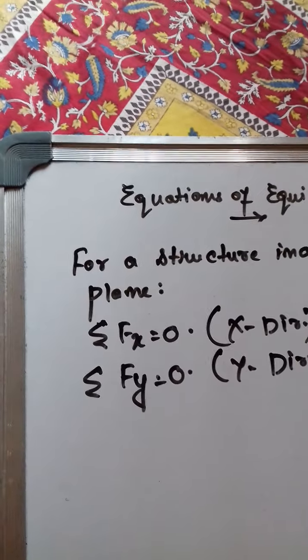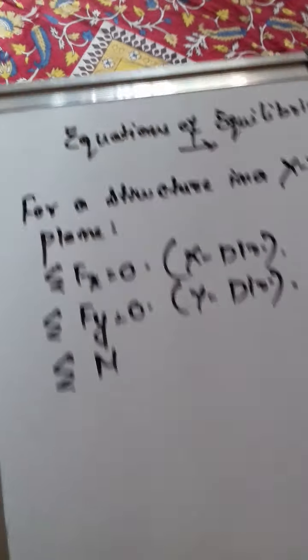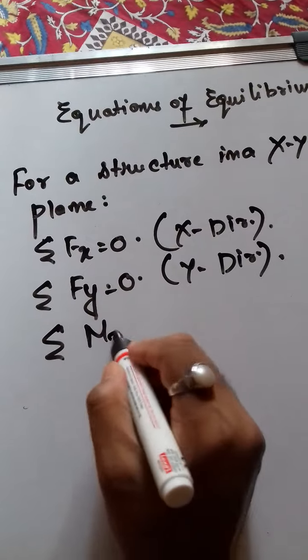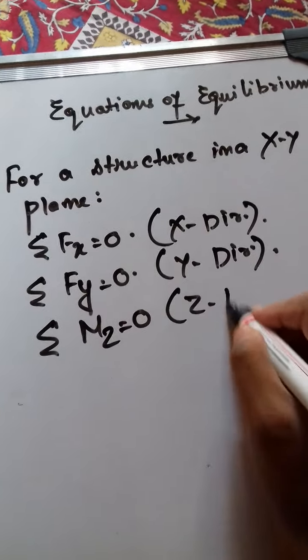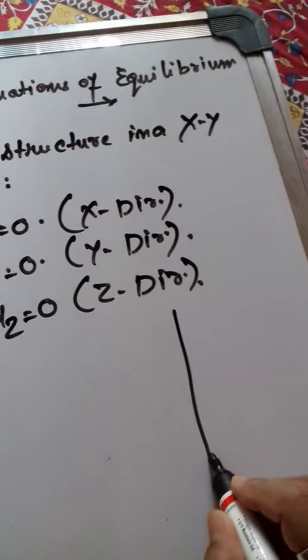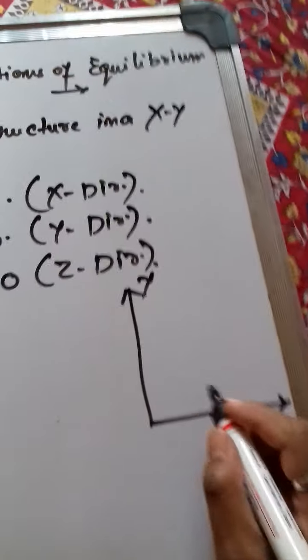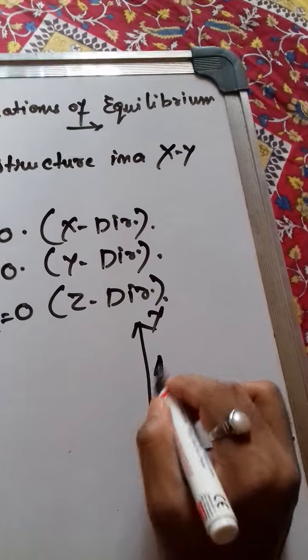And now tell me, what will be the direction of moment? The direction of moment will be in the z direction, because if you take an xy plane, force can be in the x direction or y direction.